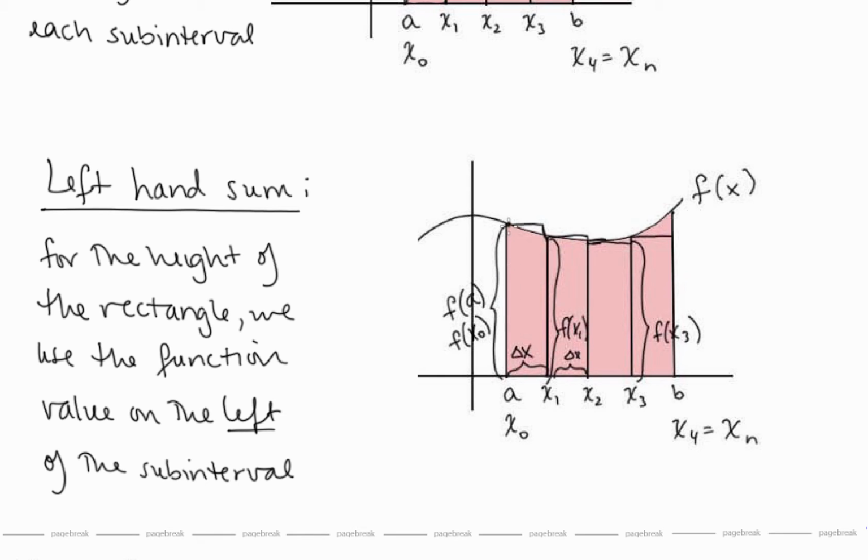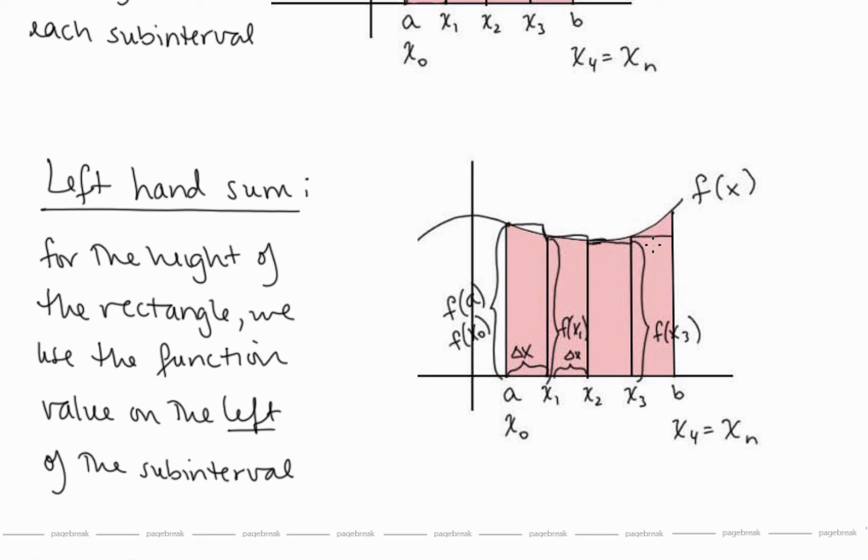So we're using f of x0 to be the height of our first rectangle. Then on the second subinterval, again, we look at the endpoint on the left of the subinterval, that's x1 in this case, and we take the function evaluation at x1, and we use that as the height of the rectangle. And so on for the other subintervals.